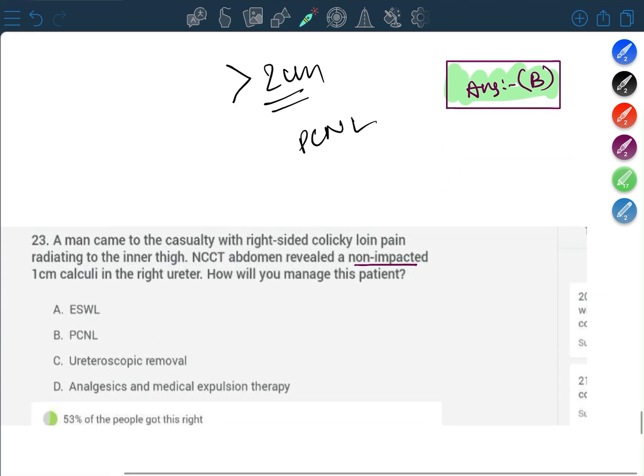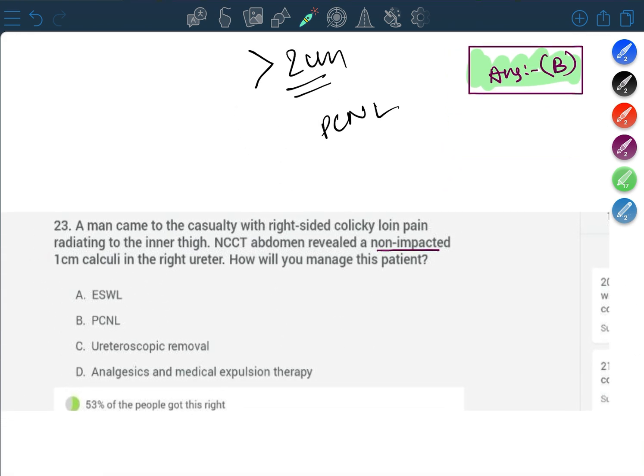Next question. A man came to casualty with right-sided colicky pain radiating to the inner thigh. Imaging of the abdomen revealed a non-impacted 1 cm calculus in the right ureter. How will you manage this patient? As I explained, this is a 1 centimeter calculus in the right ureter, and it is non-impacted, so we will go for ureteroscopic removal.